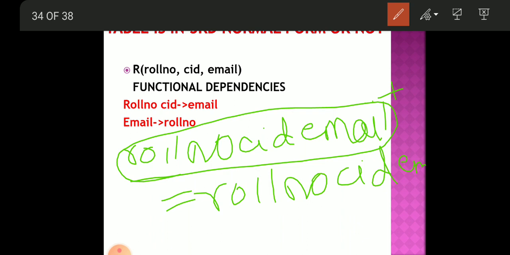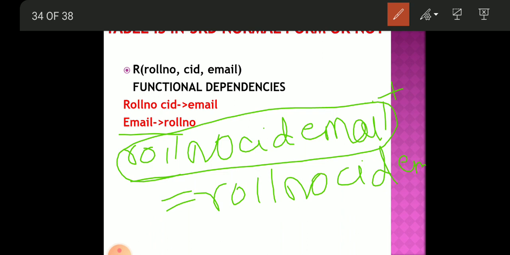Now we have to remove any extra attribute that can be removed, because without it we can still find all the attributes. With the help of email we can find the roll number, so we can remove the roll number, leaving CID and email.